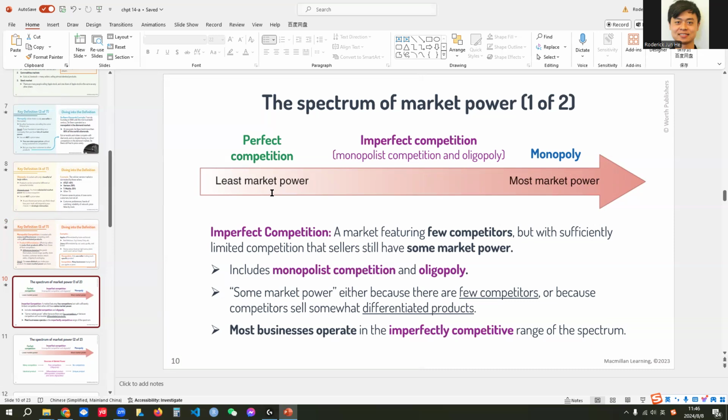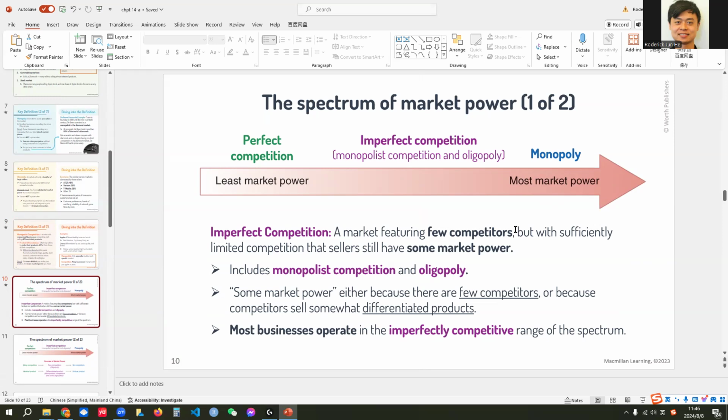The market power increases because the degree of differentiation of the product increases along the spectrum. In perfect competition, there was none. All goods are identical. And eventually, in monopoly, you're the only one. How distinct you are, right? You can't even find anyone that is comparable to you.